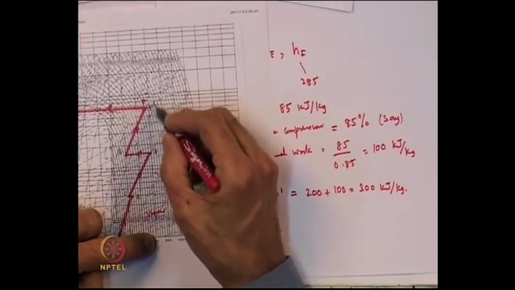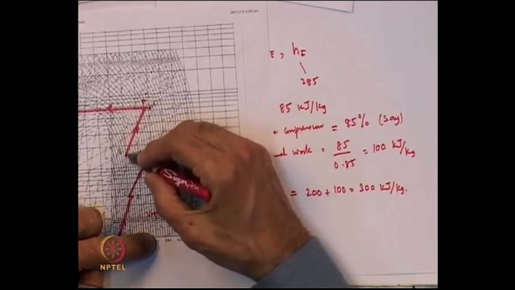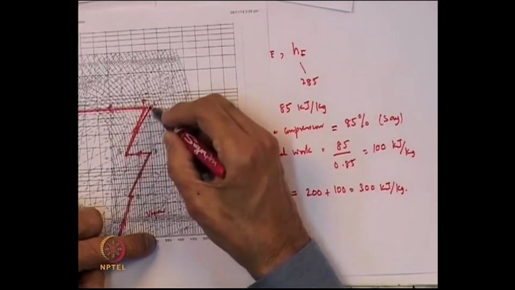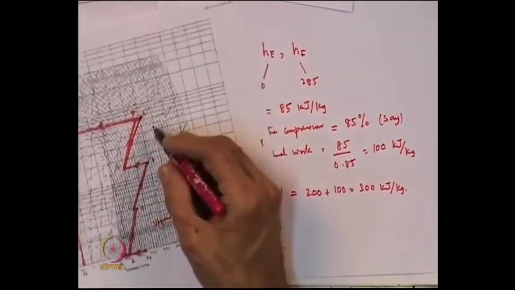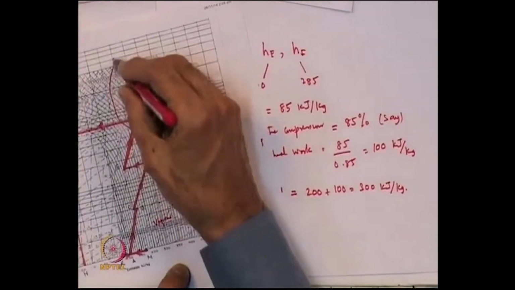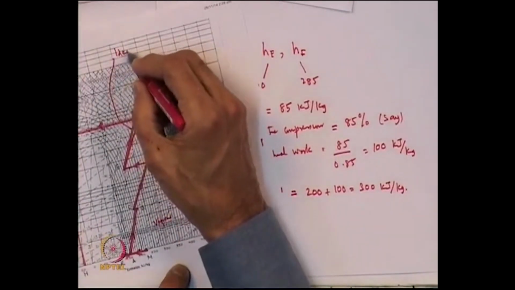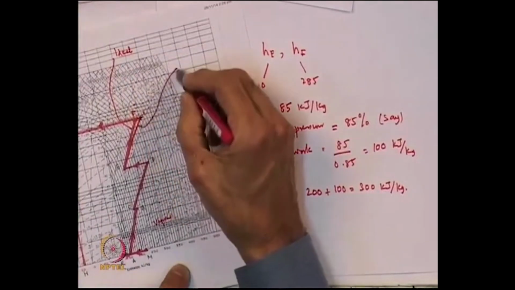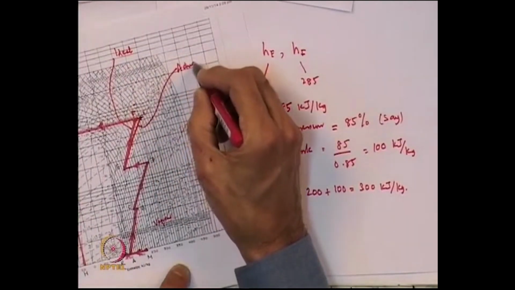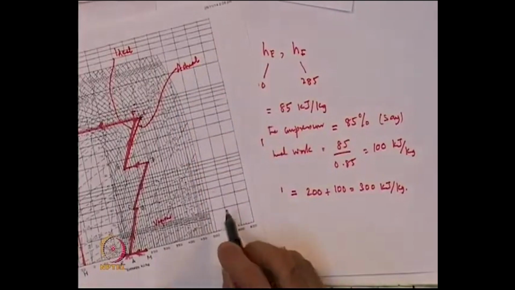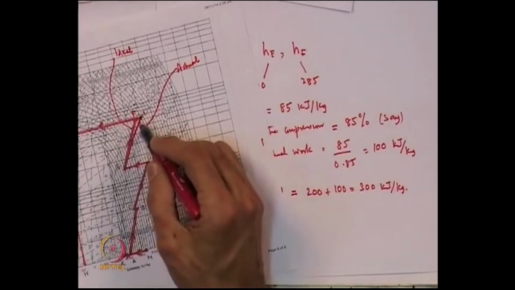So, on this diagram, for example, you have to locate HF prime at 300. This is F, this is F prime, 300, and the actual compression line is on the right. On this side is ideal compression, this side is actual. So, your work will increase by that amount.